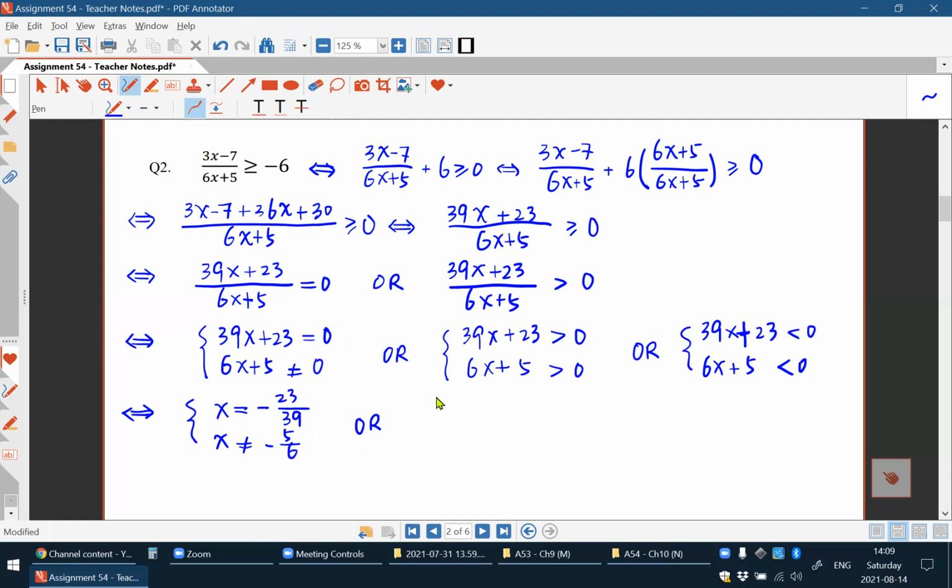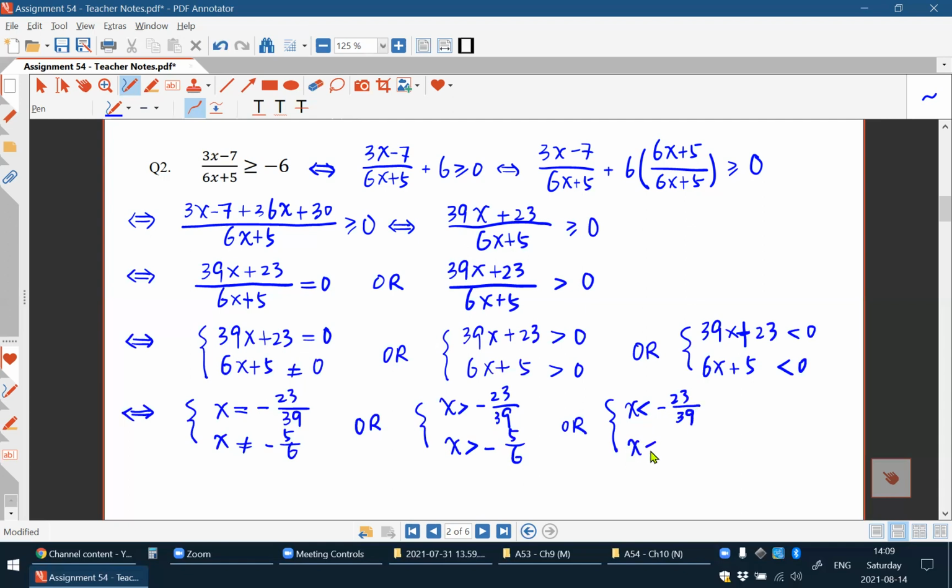The second inequality is equivalent to, first of all, x should be larger than minus 23 over 39. Second, x must be greater than 5 over 6. Or we can also have x less than minus 23 over 39.